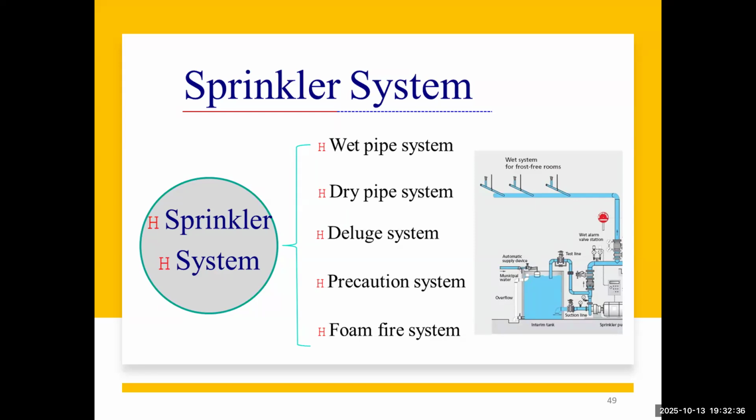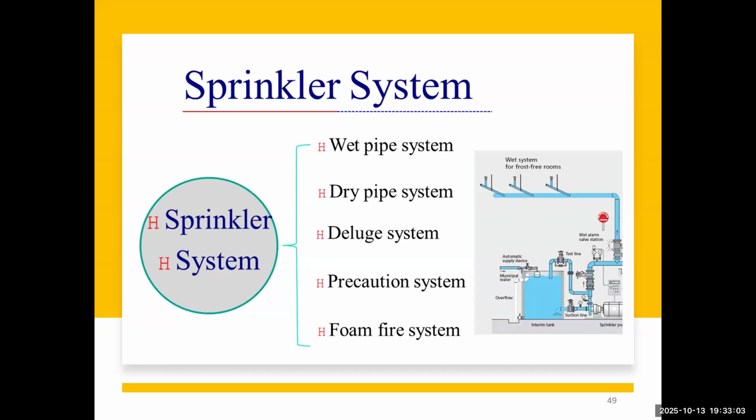This one is like our everyday workhorse, always ready with water. But in some freezing conditions, such as in North Europe, we use a dry pipe system to prevent frozen pipes. And also for some high hazard areas, we have the deluge system that will behave like a heavy rain.